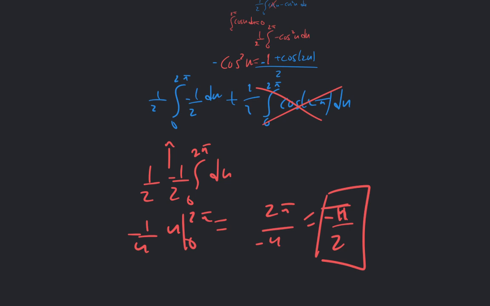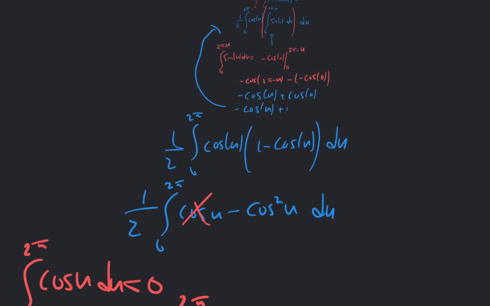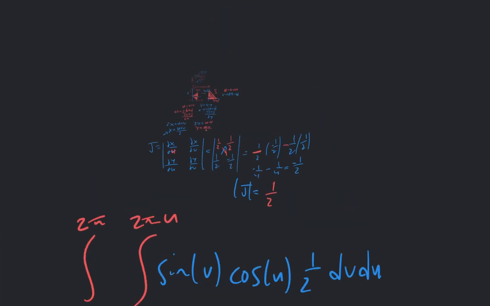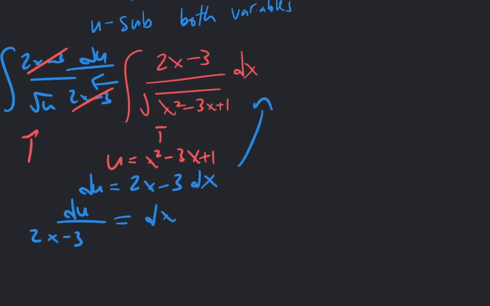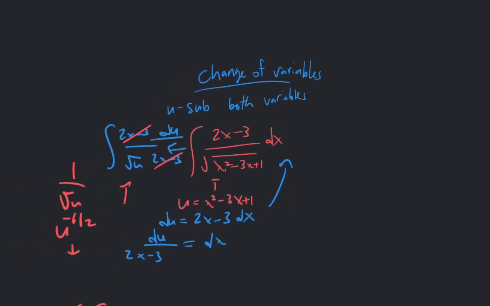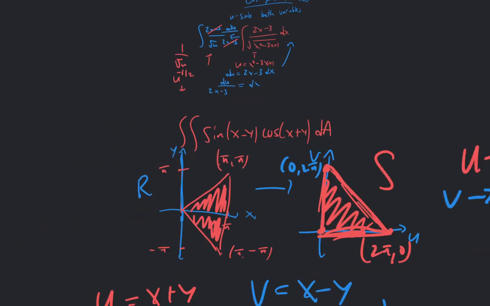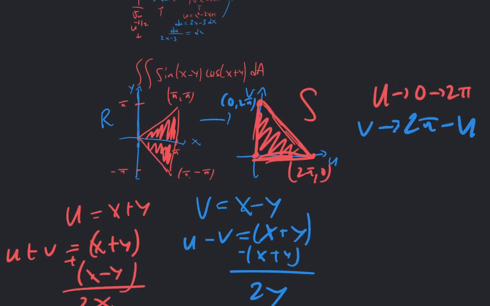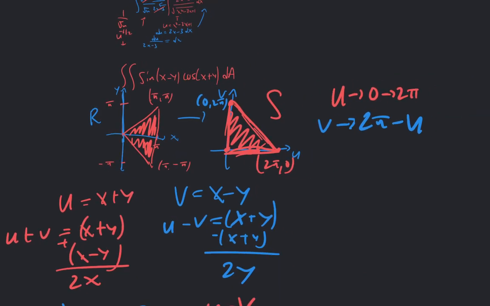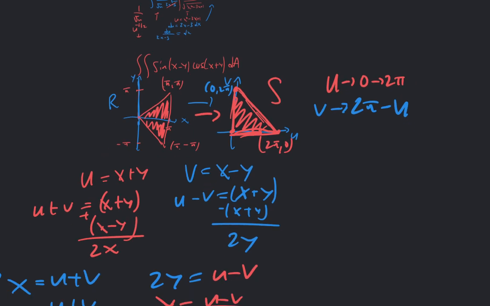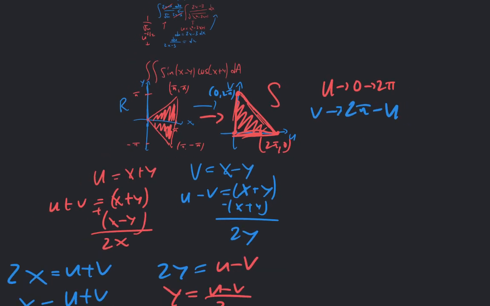So it was kind of a long one. So we started with this. We started with the u sub, basic u subs, and then we had our problem. We changed our coordinates from r to s, and we found out what our new bounds were: 0 to 2 pi, and then 2 pi minus u.